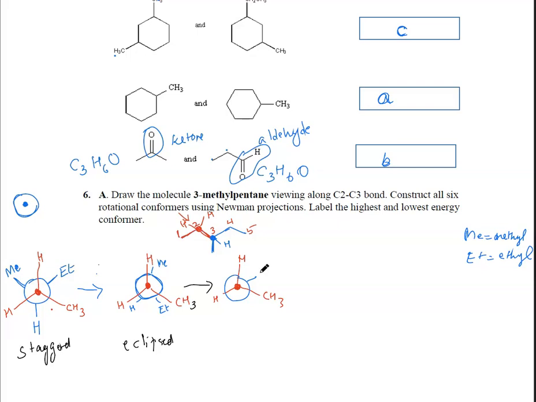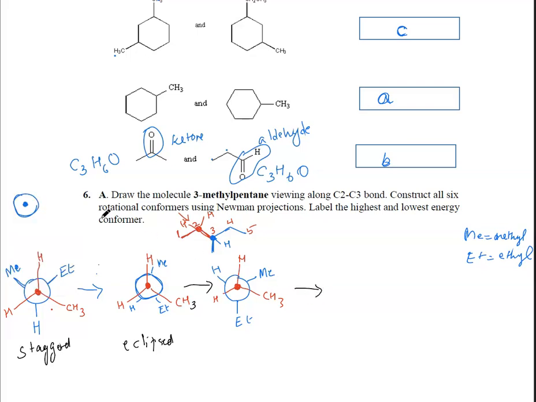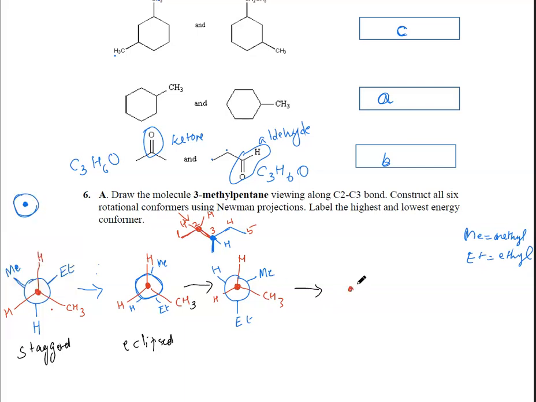So now my methyl comes here, and this is my ethyl, and here is my hydrogen. Then I keep on drawing the next conformer, keeping my red carbon atom intact.